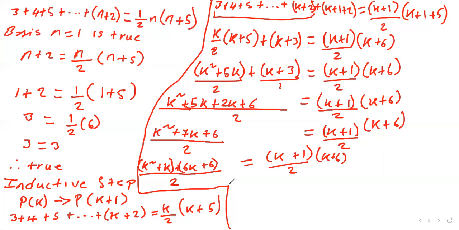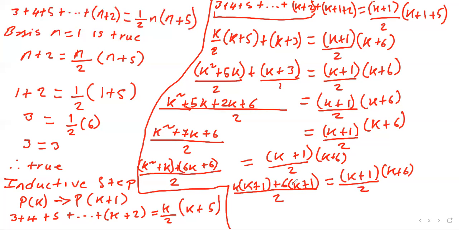For k squared + k, we could take k out: k into k squared is k, k into k is 1. For 6k + 6, we could take 6 out: 6 into 6k is k, 6 into 6 is 1. All of this is over 2, and we're saying that is equal to (k + 1)(k + 6) over 2.